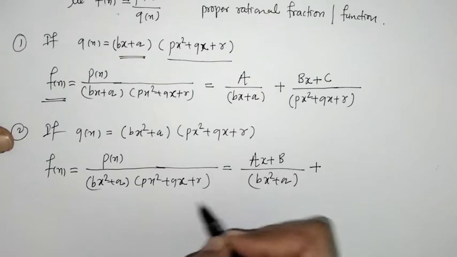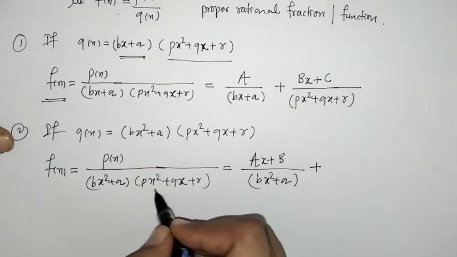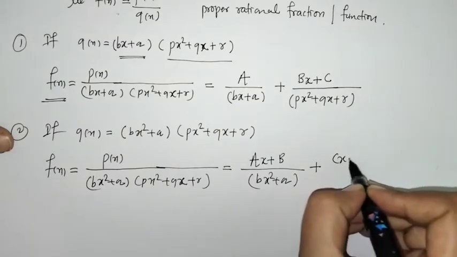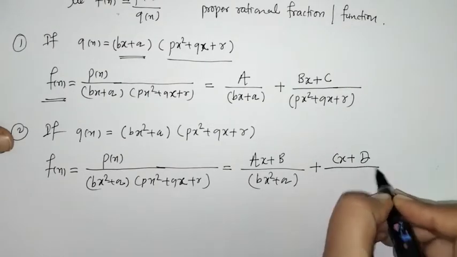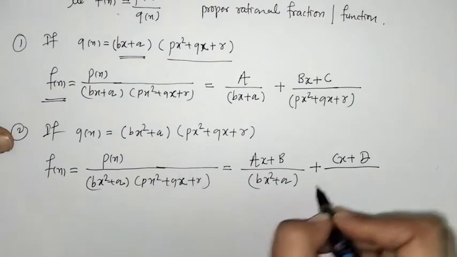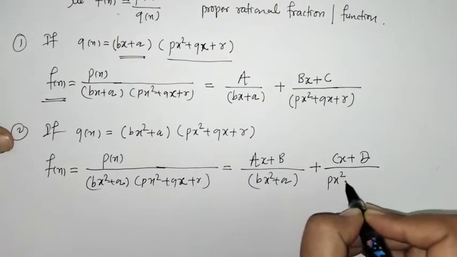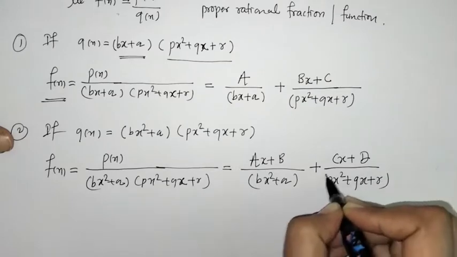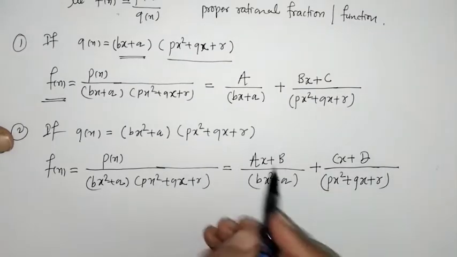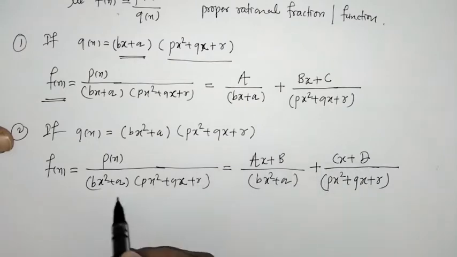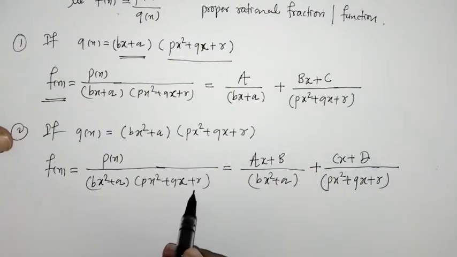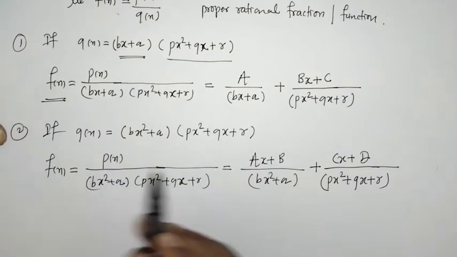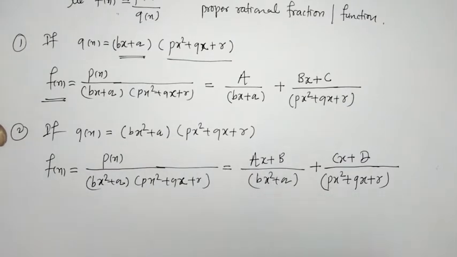For the next factor we take constants c and d, and write cx plus d upon px square plus qx plus r. So we take four constants for these two quadratic factors, and in this way we resolve f of x in partial fractions.